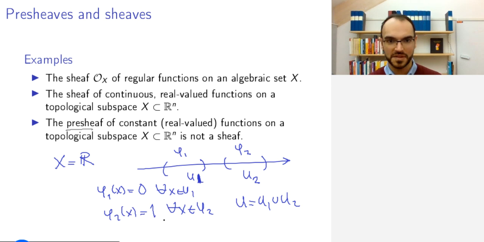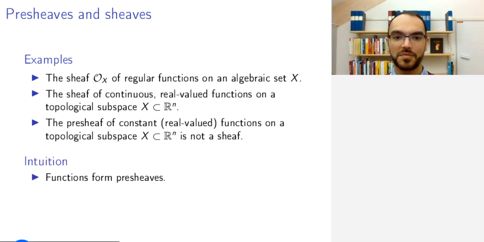So the remedy to this is, instead of constant functions, you consider locally constant functions. And then you get into this construction called sheafification that we will perhaps get to later in the course. But to summarize, what we learned from these examples is that whenever your rings are rings of functions from the open sets to some set, whichever, then you can expect them to be presheaves.